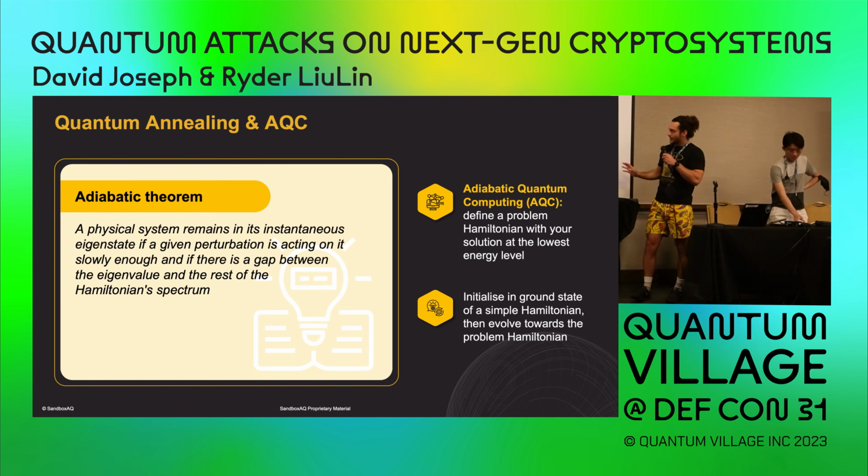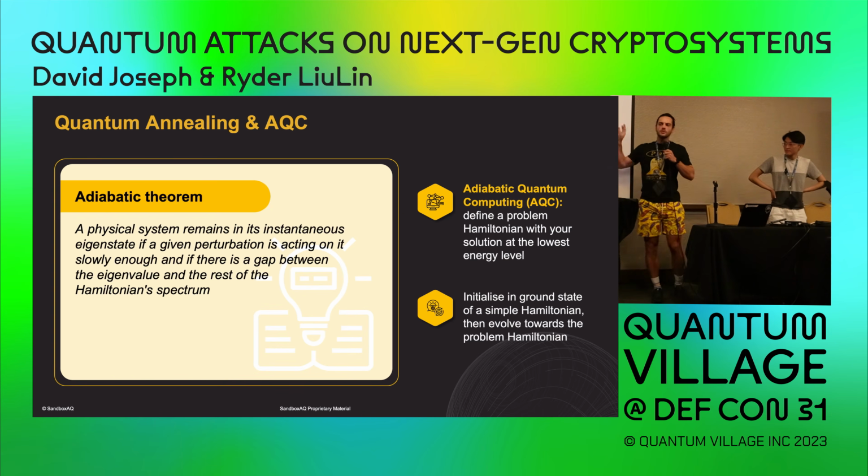So the corollary of that is that if we initialize this system in the ground state of some easy thing to set up, and then we slowly, sort of gaslight the system into some different Hamiltonian, but we do it so slowly the system almost doesn't notice.